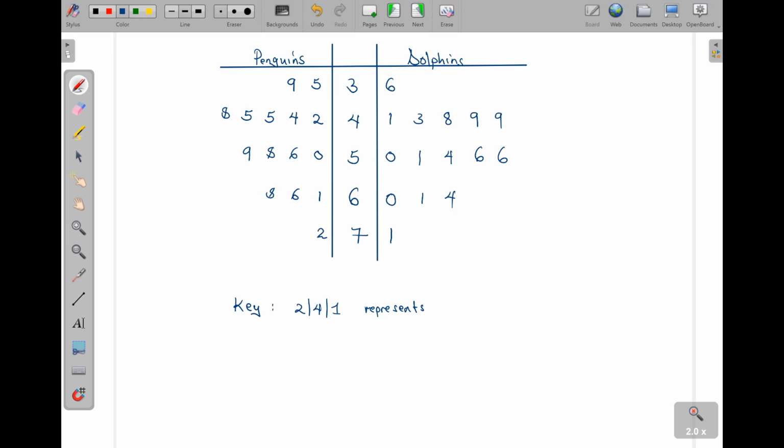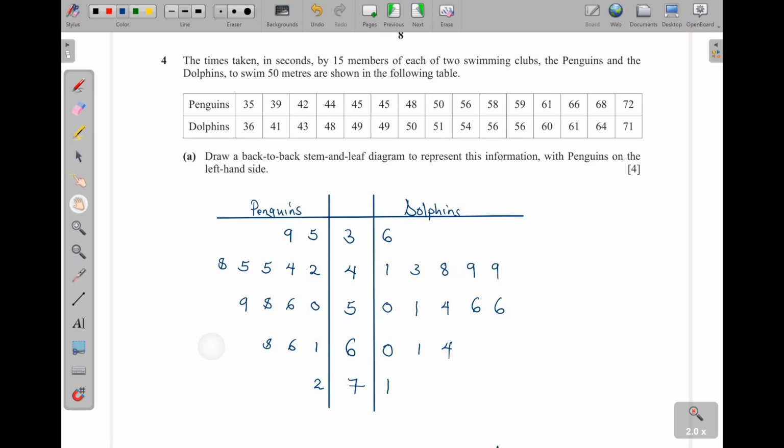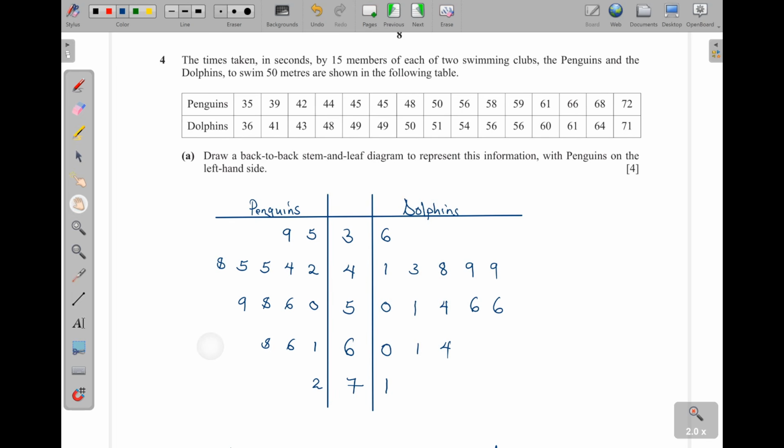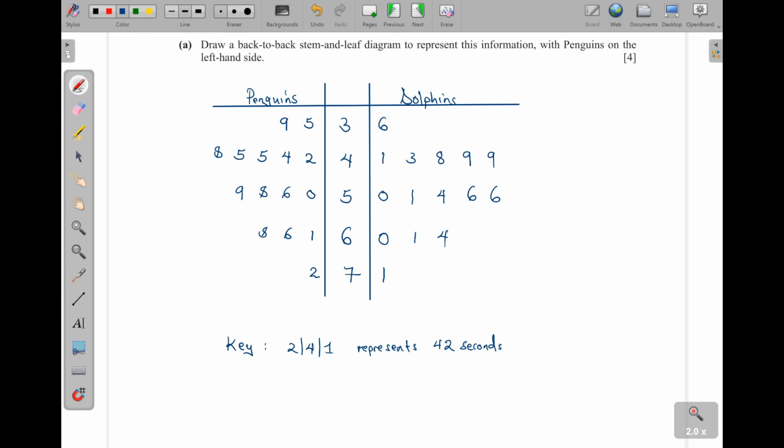Then I read the left one first, 40, then 2, like that. So 42 seconds. Since this was time for swimming, two swimming clubs, times taken, that is 42 seconds for penguins.